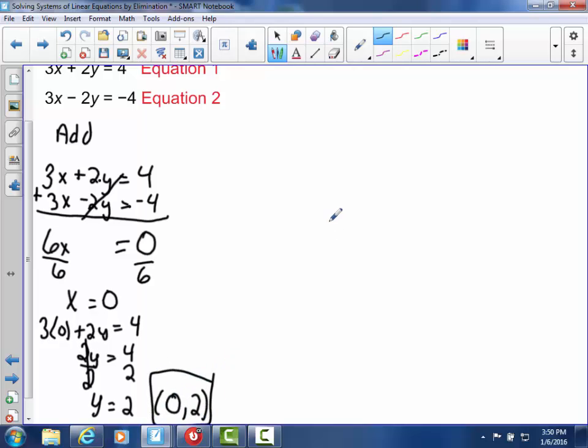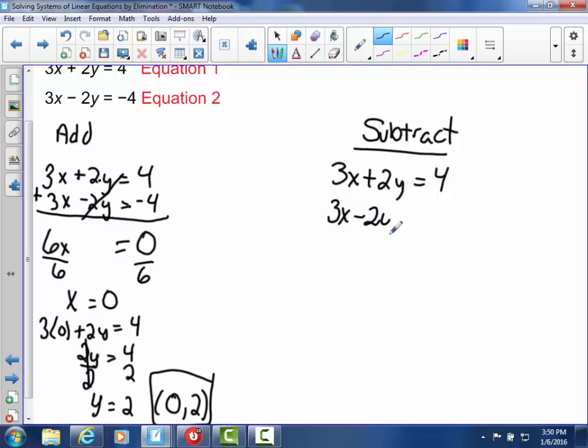All right, so let's try it. What if we had subtracted? Will we get the same thing? I hope so. There should only be one solution, right? Okay, so if we subtract, we've got 3x plus 2y equals 4. Then we have 3x minus 2y equals -4. So now we're subtracting this from that one.